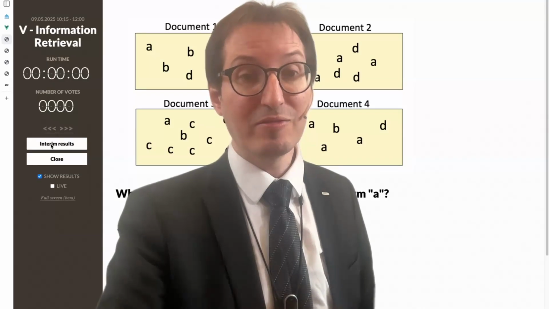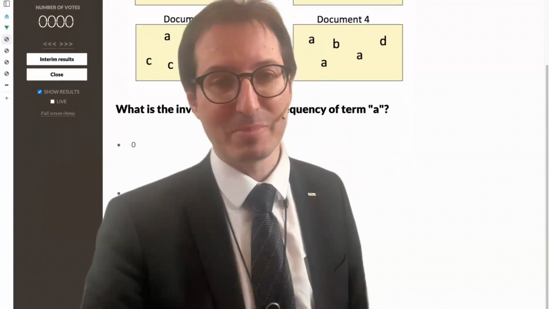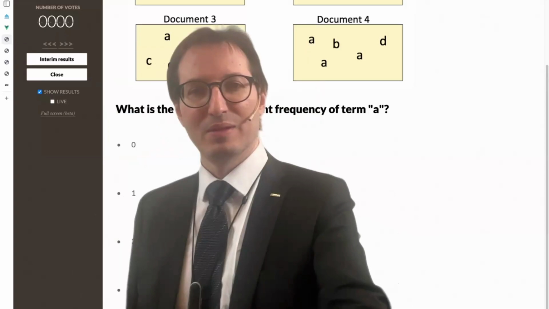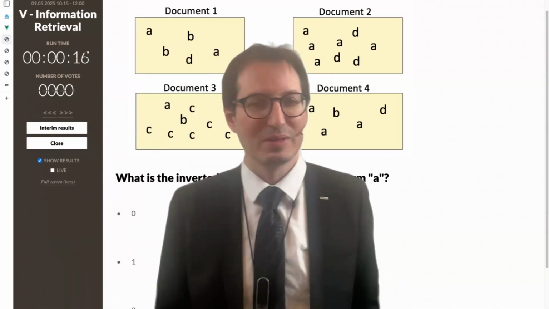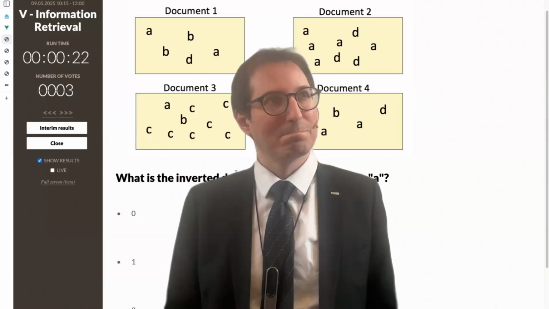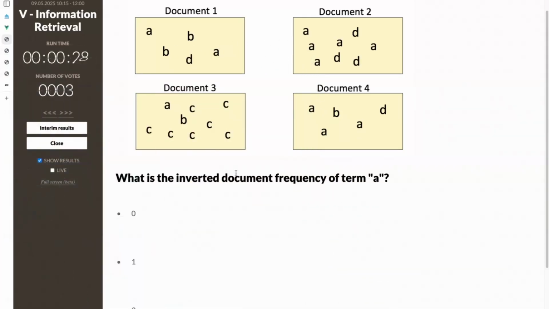And what would be the inverted document frequency of term A? 0, 1, 3, or 4? Remember the definition of inverted document frequency: logarithm of n over the document frequency, n being the total number of documents.